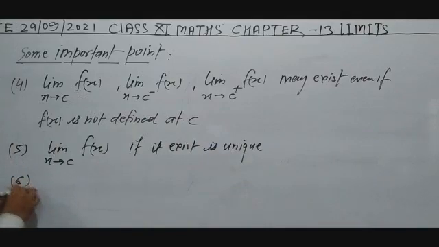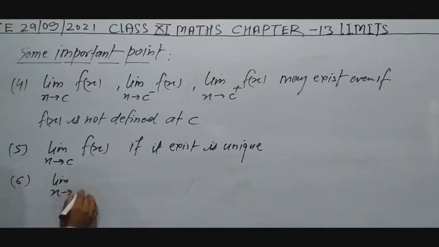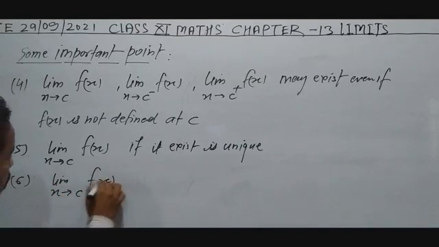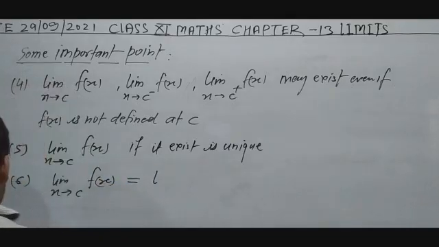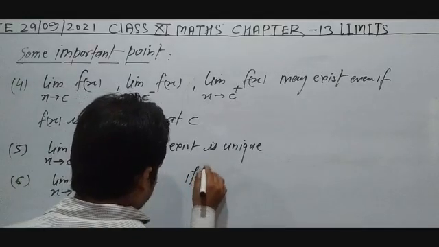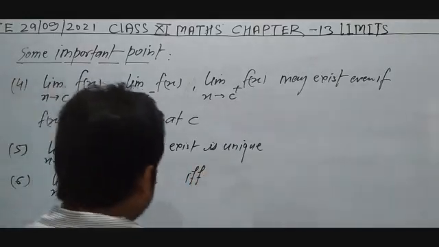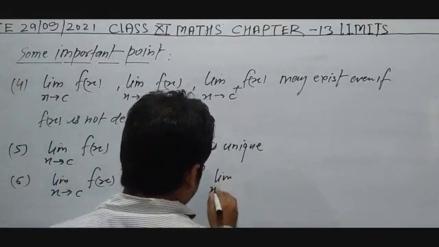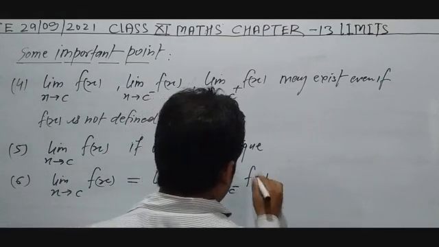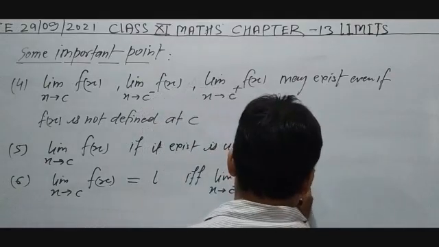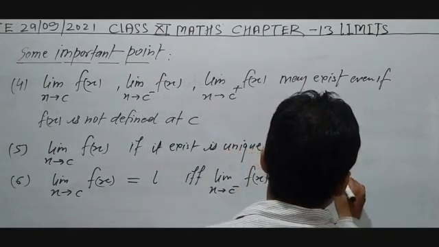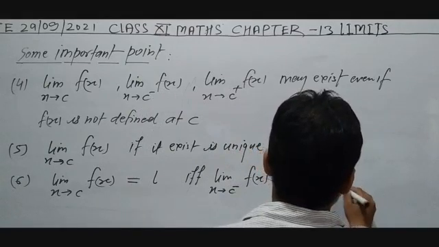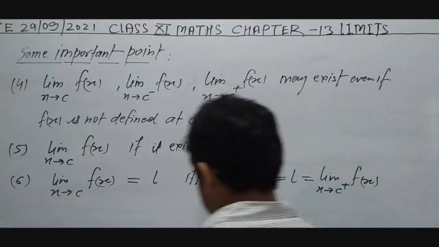Now sixth point is limit x tends to c of f(x) is equal to L if limit x tends to c minus f(x) is equal to L is equal to limit x tends to c plus f(x).